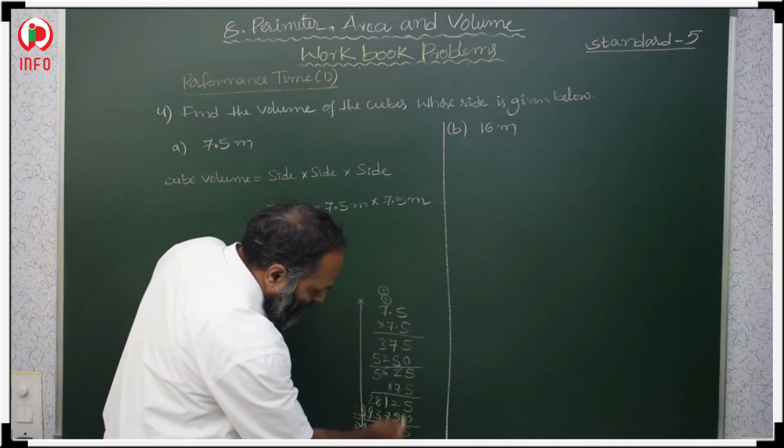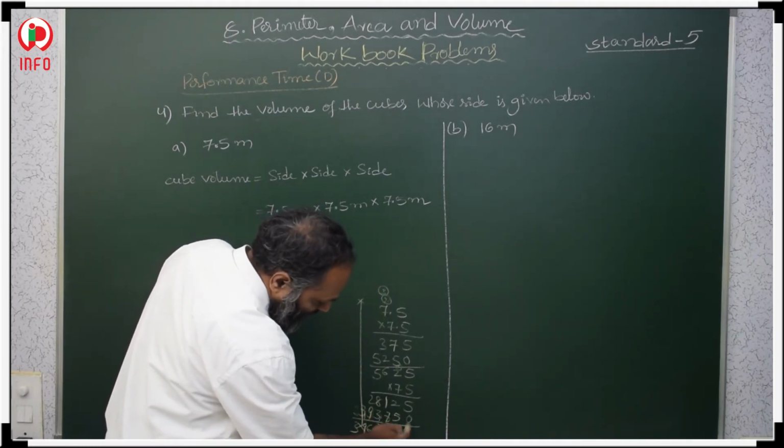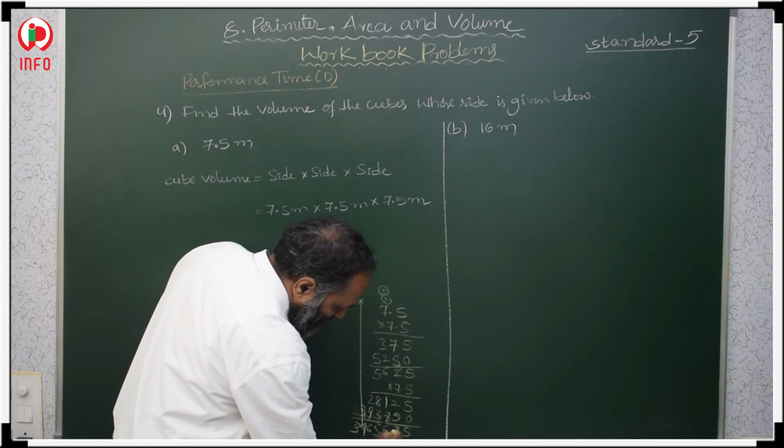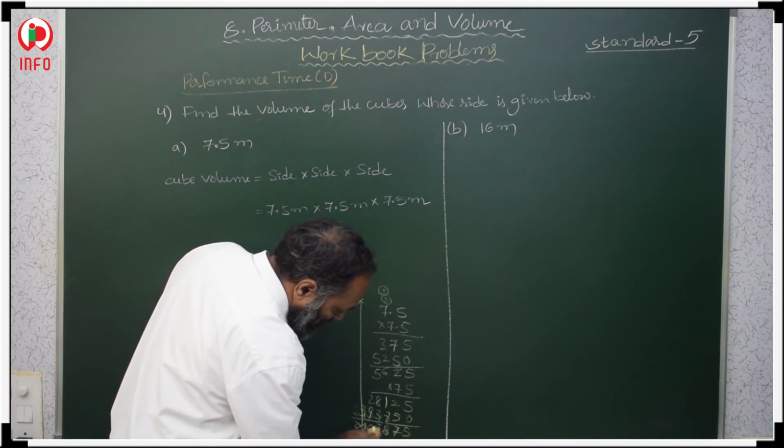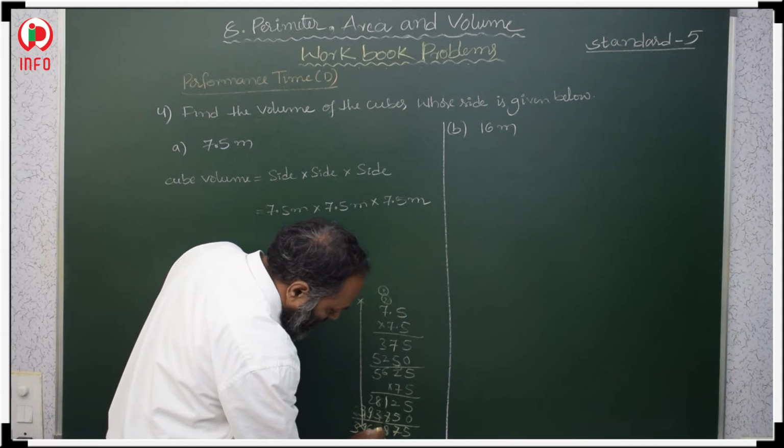Now add 5, so 5, here 7 and here 8, 8 plus 3, 11, 12, 4.